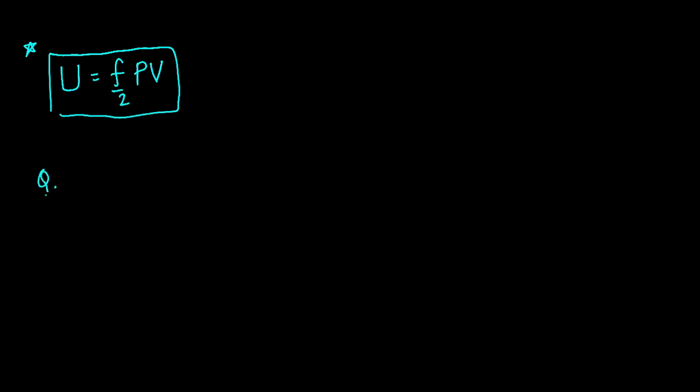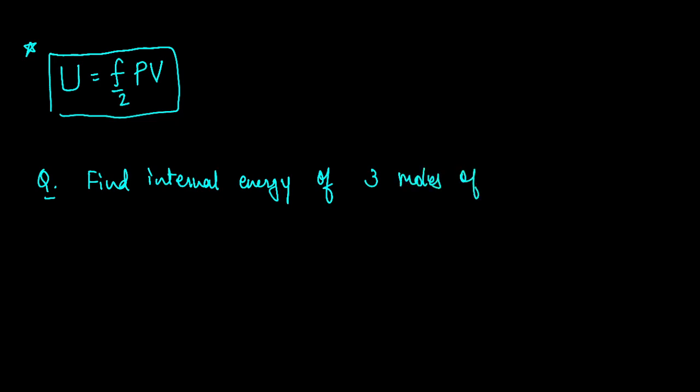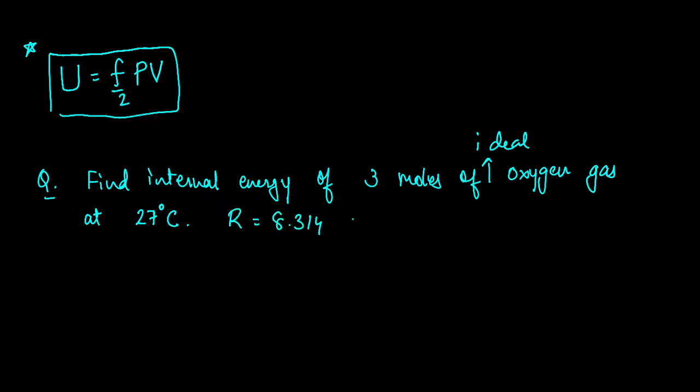Suppose I give you a question: find internal energy of 3 moles of ideal oxygen gas at 27 degrees Celsius. Come on, can you do this? Hurry up. Hopefully you all remember R's value, it is 8.314 in SI unit.